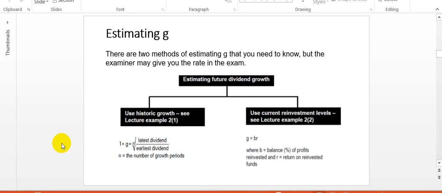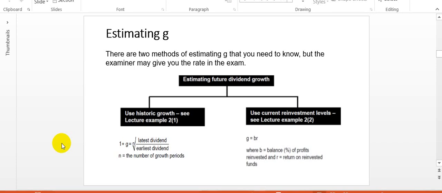If you use this one, simplify the 1 over n before you apply it in the power to make it easy. Sometimes if you don't use the functions on the calculator properly, you may end up getting it wrong.